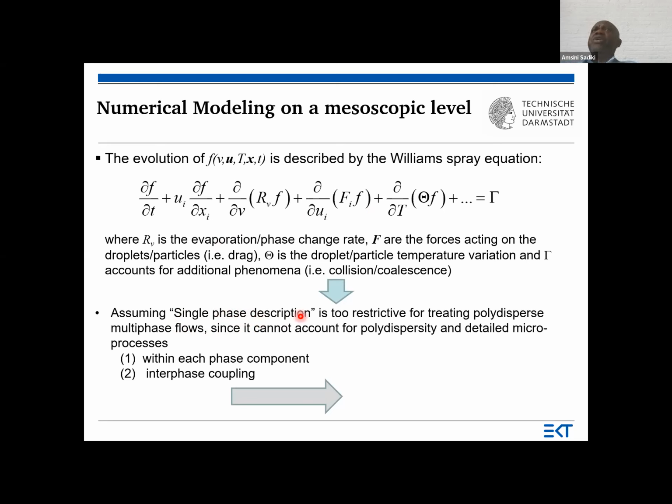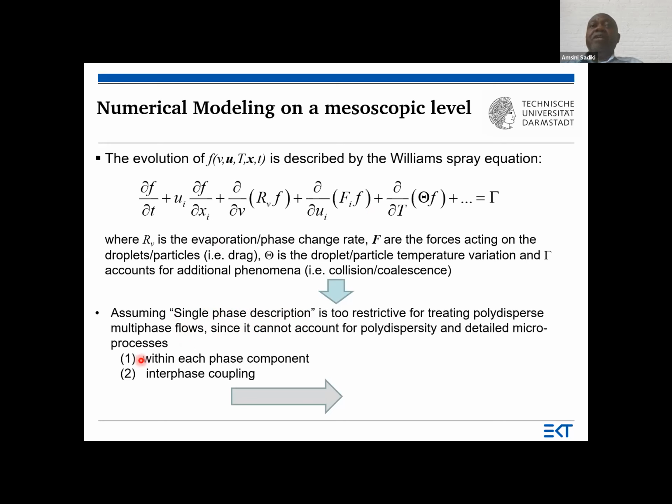But as we have seen, it is very restrictive to treat polydispersity of multiphase flow by assuming single phase description. If we do this, we cannot account for polydispersity itself and for different detailed microprocesses, like the modulation process, the two-way coupling, the four-way coupling, etc.